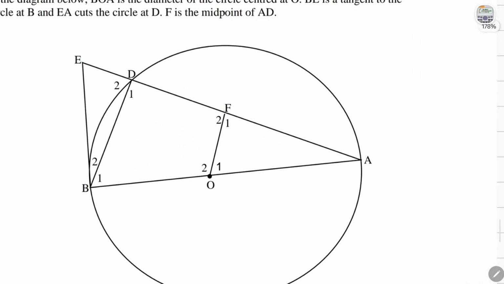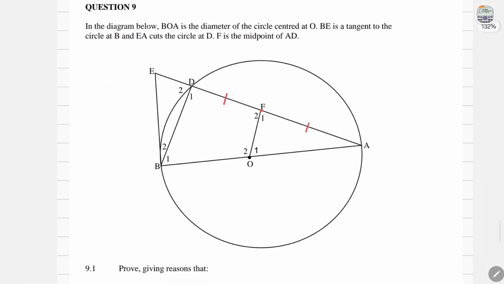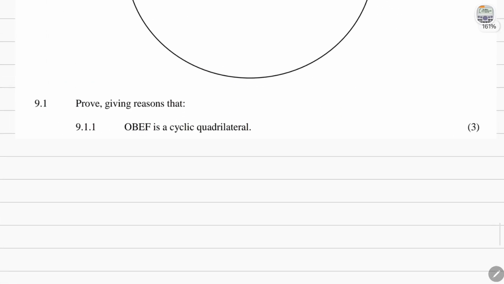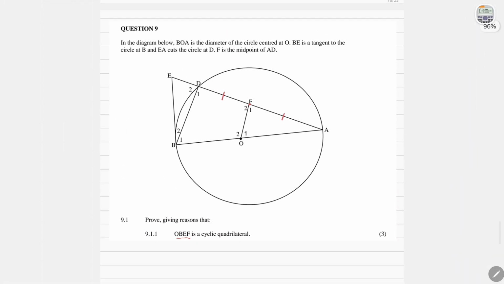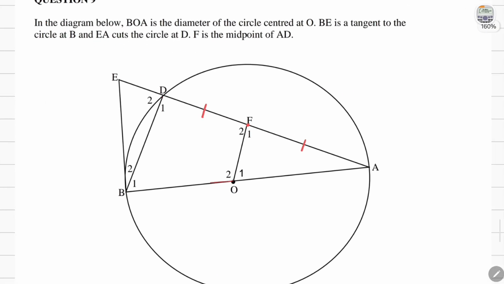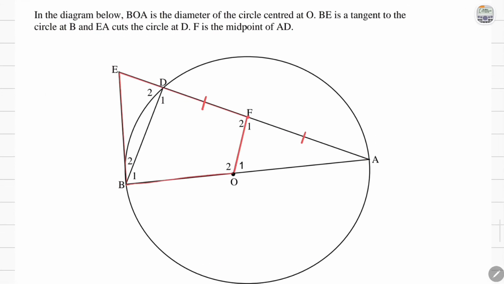So that is something we need to put down: F is the midpoint of AD, meaning AF is equal to FD. And the first question says 9.1, prove, giving reasons, 9.1.1: OBEF is a cyclic quadrilateral. So OBEF is this quad over here, and we have to prove that this is a cyclic quad.